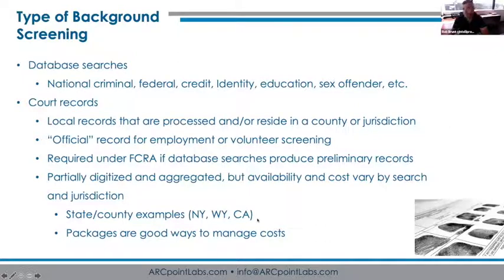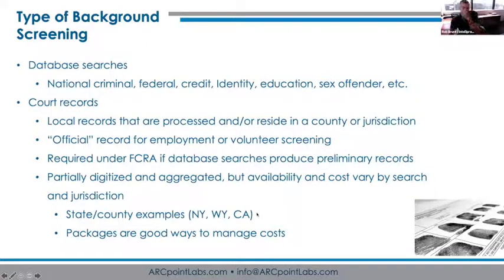California is another prime example, where parts of the state report very well. They push the data upstream to the nationals. Southern California, as a general rule, is better about reporting upstream. Northern California is not. Typically, you have to go to most of those jurisdictions and pull that information at a jurisdiction or county level in order to get a 100% covered background check.